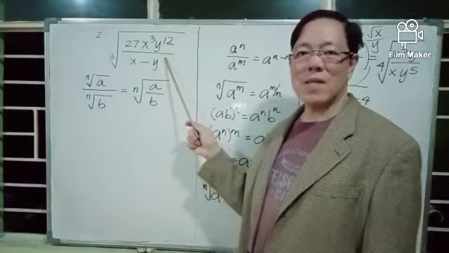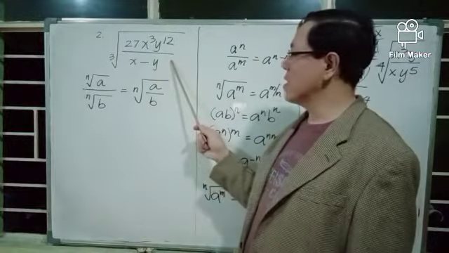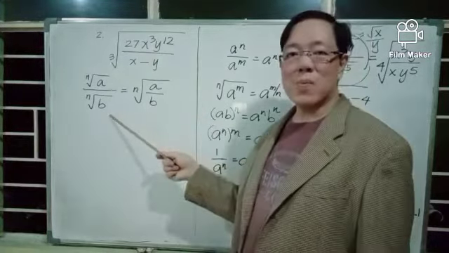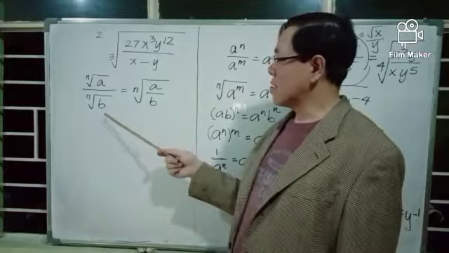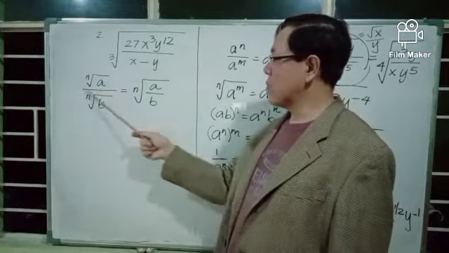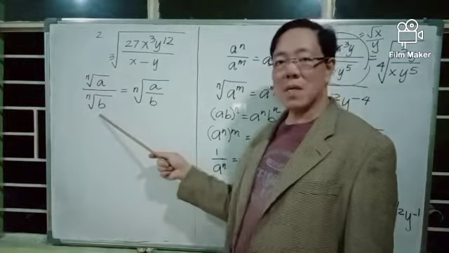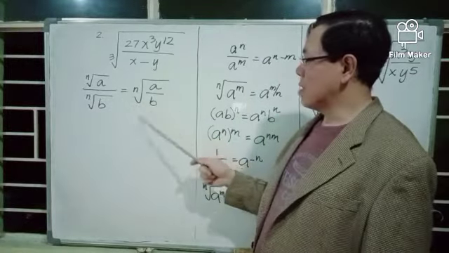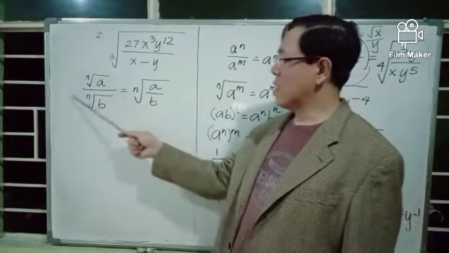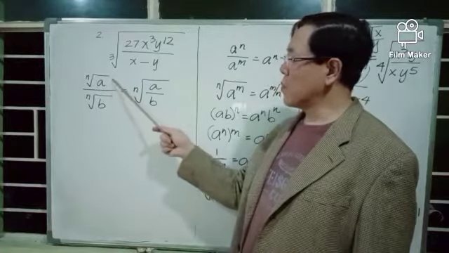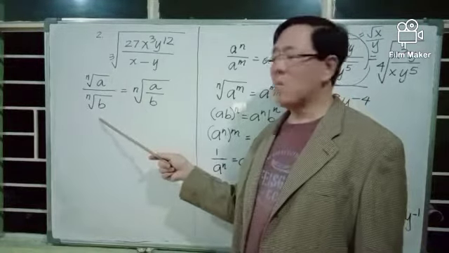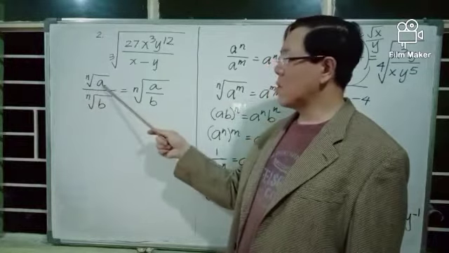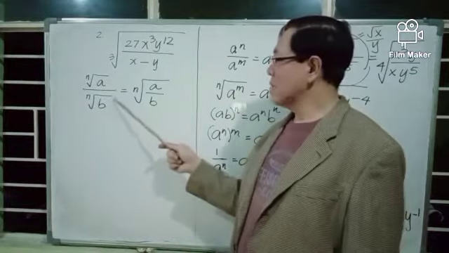To simplify this radical expression, we apply this third property of radical that says the nth root of a divided by the nth root of b is equal to the nth root of a over b. That is, if you have a ratio of two radical expressions with a common index n, although with different radicands.